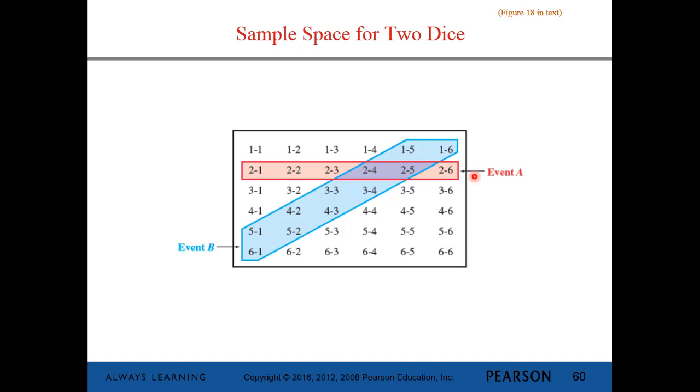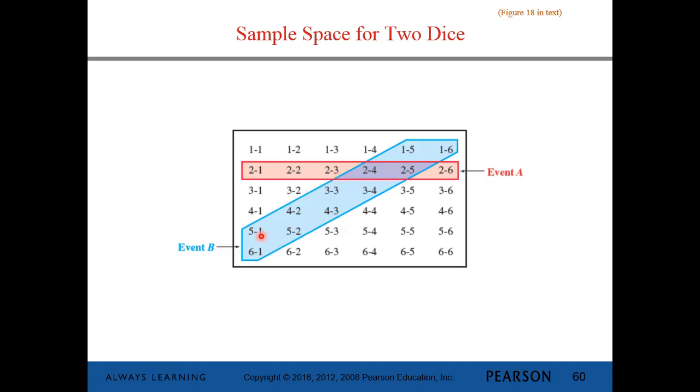Well, how many different ways can I get a 2 on the first die? Event A. Well, so I want the probability of A or B. Well, what's the probability of A or B? Well, it's how many different ways I can get A, plus how many different ways can I get B, minus the probability of A and B. Okay, so what's the probability of getting A? That's going to be 6 out of 36. How many different ways can I get B?